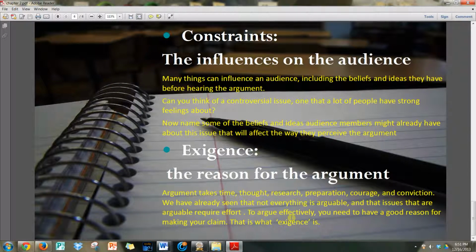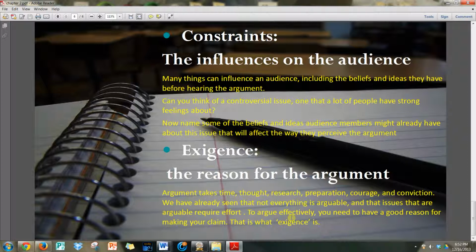The constraints, the C. This is the influences on the audience. Many things can influence an audience, including the beliefs and ideas that they already have before they even hear the argument. If you think of a controversial issue, one that has a lot of people with strong feelings, people automatically have a belief or an idea even before they hear your argument.